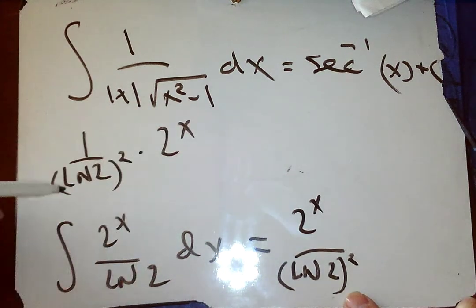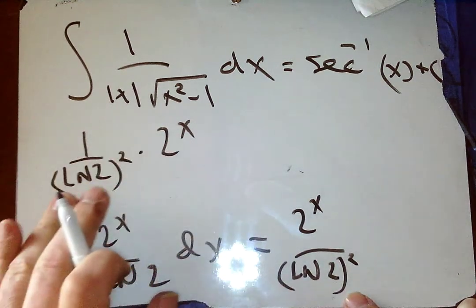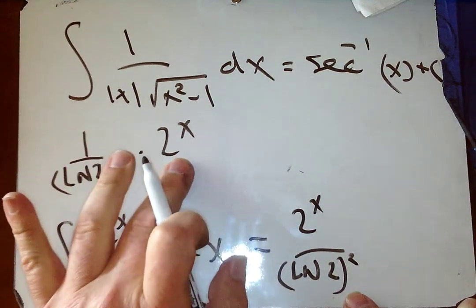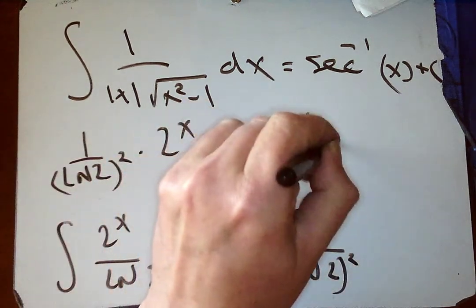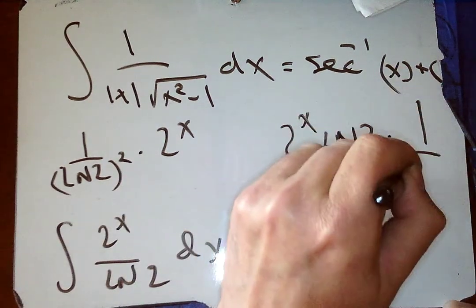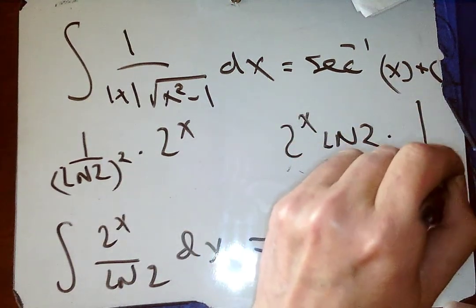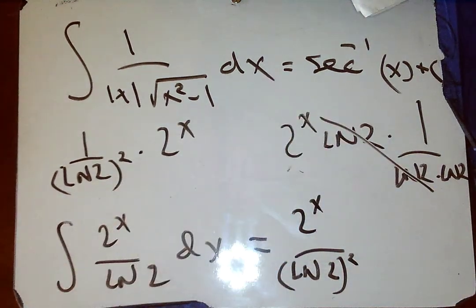Constant times a function is going to be that constant times the derivative of the function. The derivative of 2 to the x is 2 to the x ln 2. Remember, though, times our constant 1 over ln of 2 squared. Those cancel. I have 2 to the x over ln of 2.